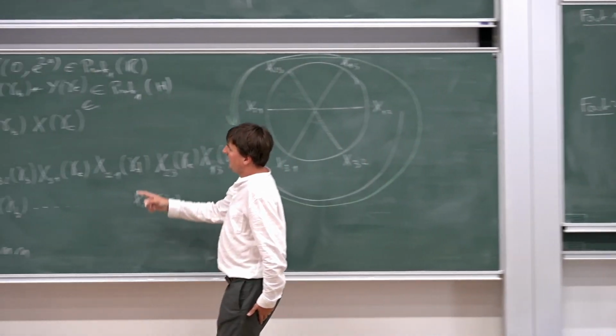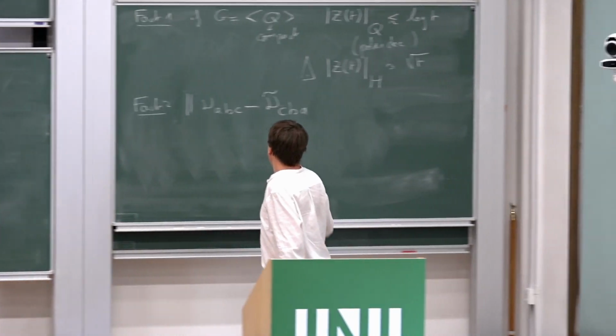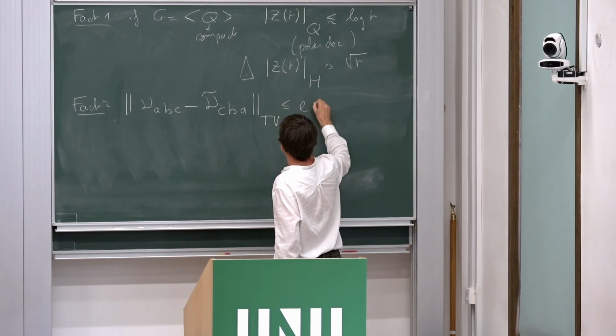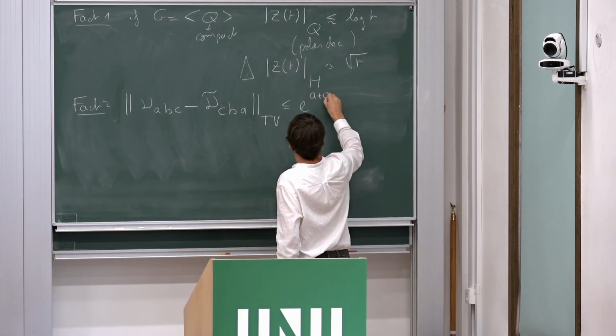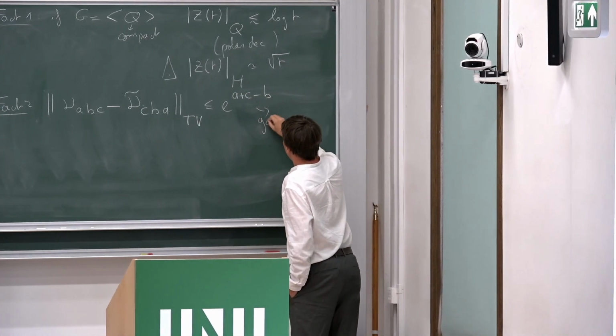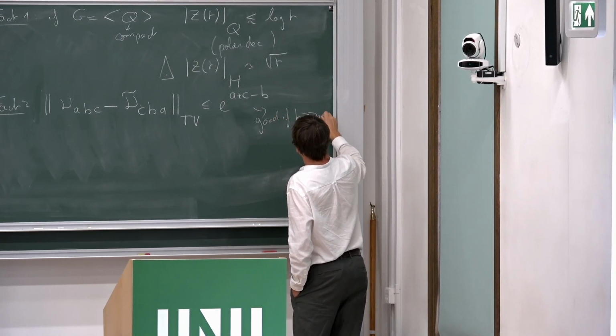With Z being the center, I claim that in total variation this is less than e to the A plus C minus B. So this is good if B is much larger than A plus C.